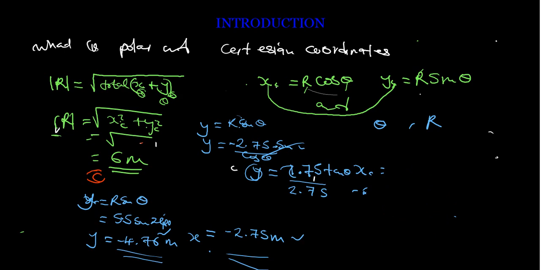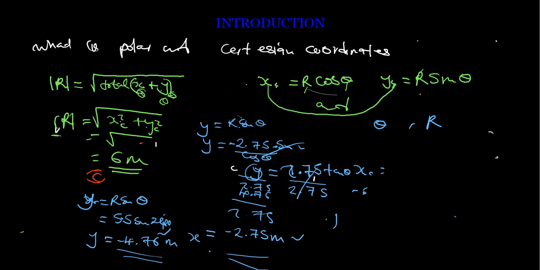This y is 4.76. Then we are dividing, this is 0, so we are remaining with tan, then divide everything throughout by 2.75.